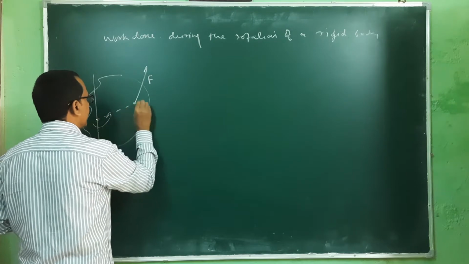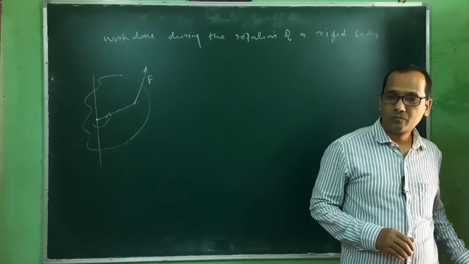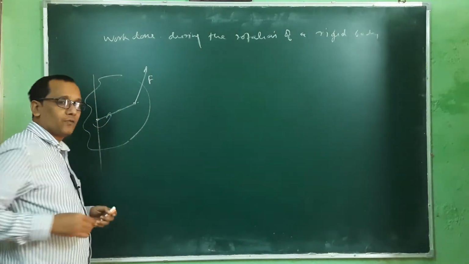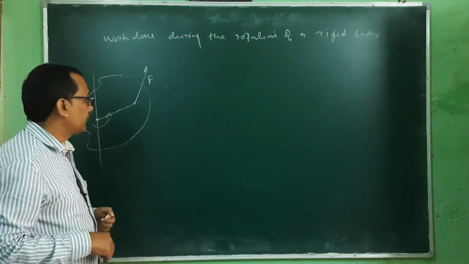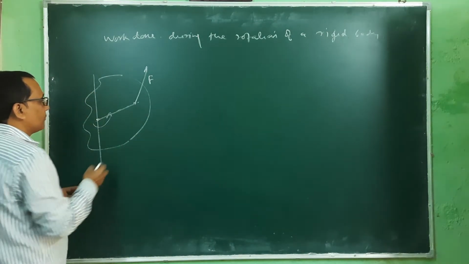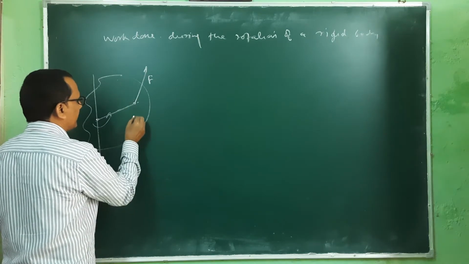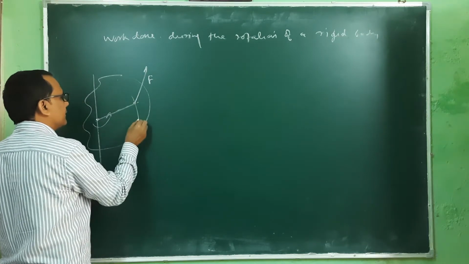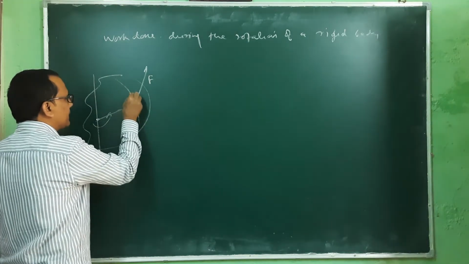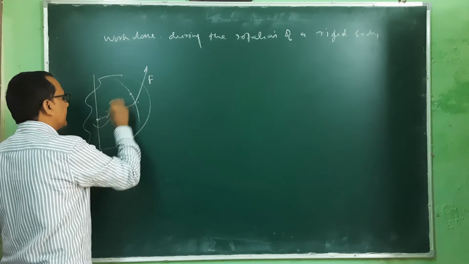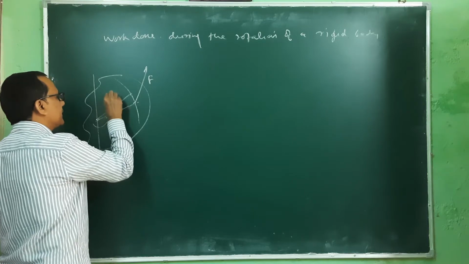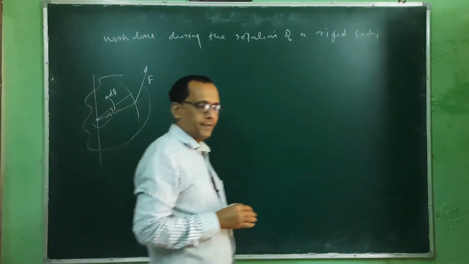This is the initial position of that body, and we are applying this force, and due to this force and resulting torque, this body is rotating around this axis. After some instant of time, let's say this is just the circle part, this point M is positioned somewhere here, and this is the angular displacement, which we represent as d theta.